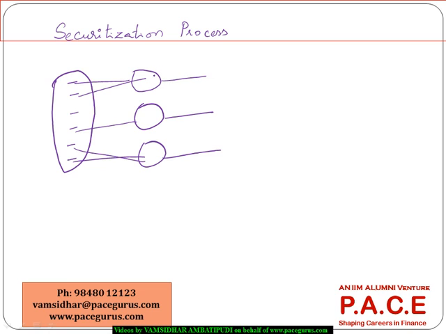From these pools as a backup, securities are created and sold to the investors. That's a typical securitization process. The pools are created in such a way that whatever cash flows come from the underlying loans are paid to the investors.